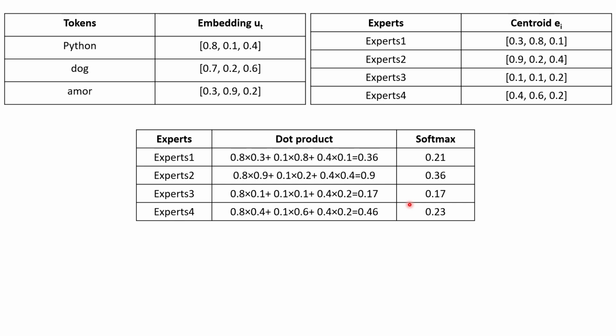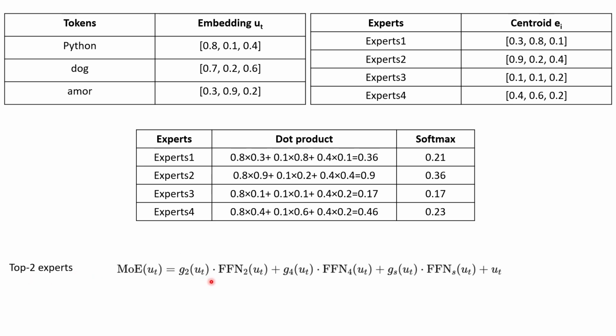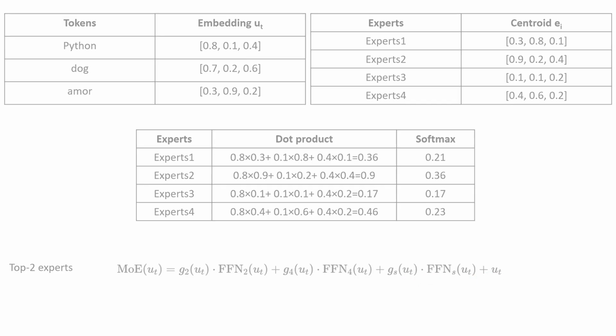If we want to select only 2 experts, we choose experts 2 and 4. The final output would then be the output from experts 2 and 4 plus the shared expert output with the skip connection. The final design concept I will discuss is multi-token prediction.